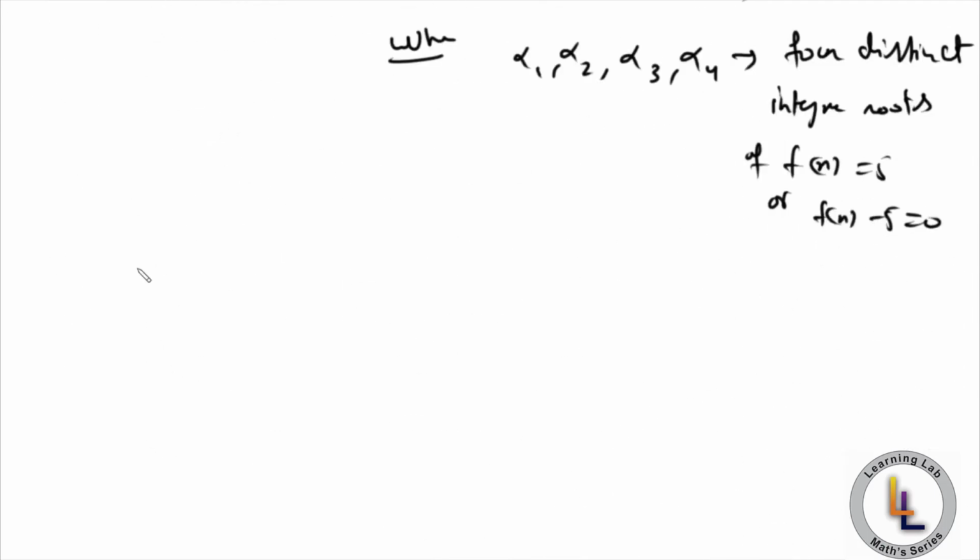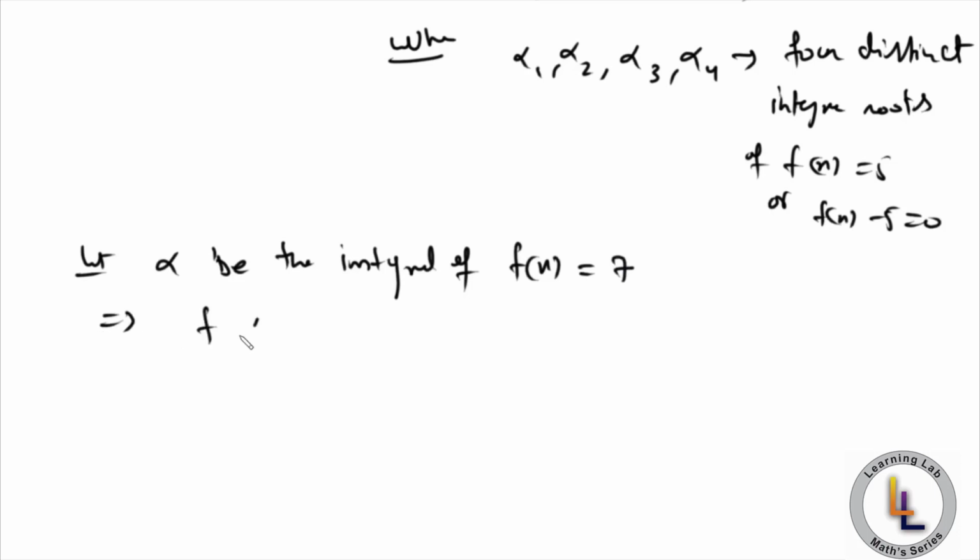Let us suppose alpha is an integral root of f(x) = 7. That means f(alpha) must be equal to 7.